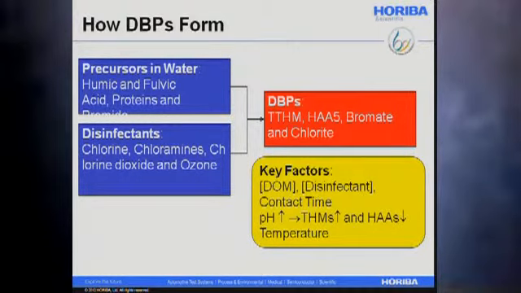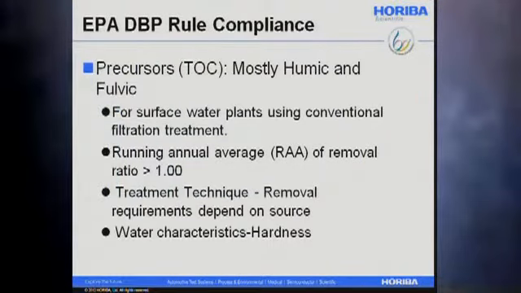Those interact together depending on the contact time, the DOM, which is our dissolved organic matter concentration, the disinfectant concentration, the pH and the hardness, and the temperature, to form these disinfection byproducts that are in most cases known carcinogens, which is why they're of such concern.